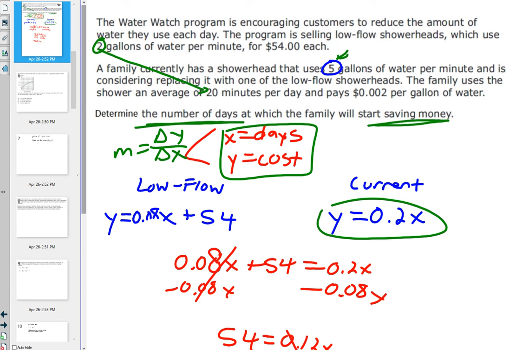Another way to see it: with the current shower head, these people are spending 20 cents a day. With the new one, they'll only be spending 8 cents a day.